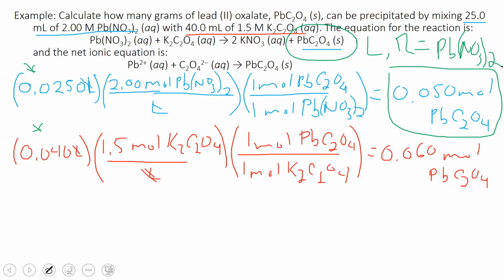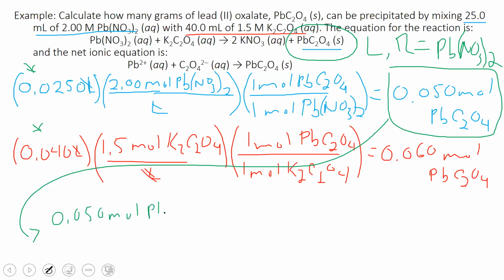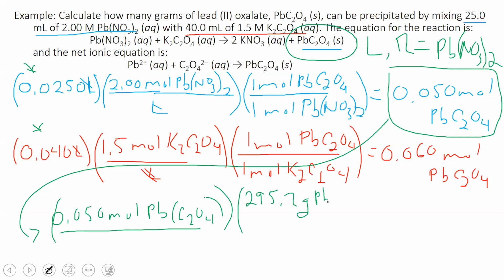Okay, and so we take that 0.050 moles of lead oxalate and basically just multiply it by the molar mass of lead oxalate, 295.2 grams of lead oxalate per mole.